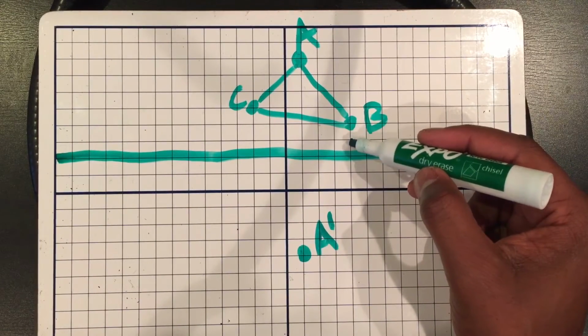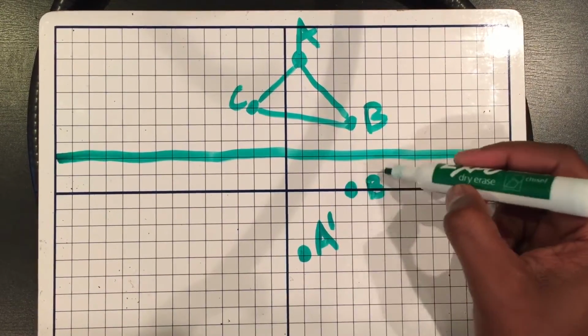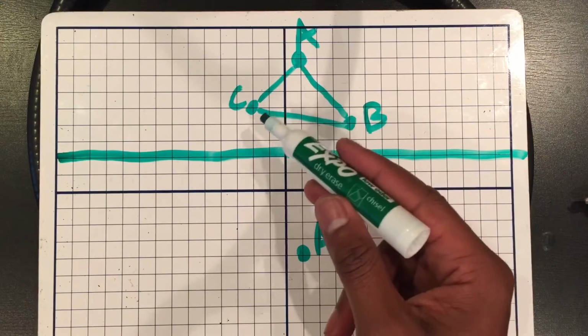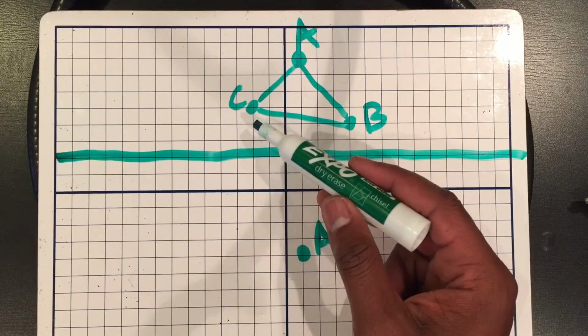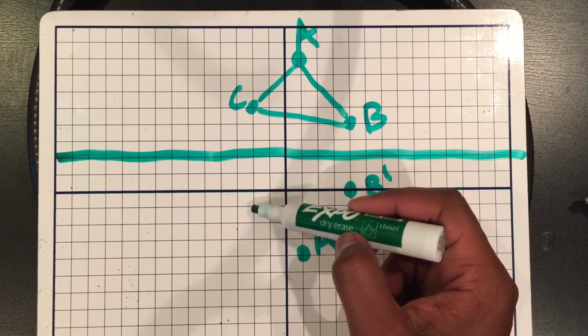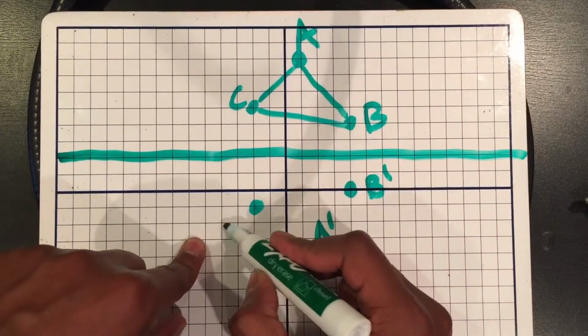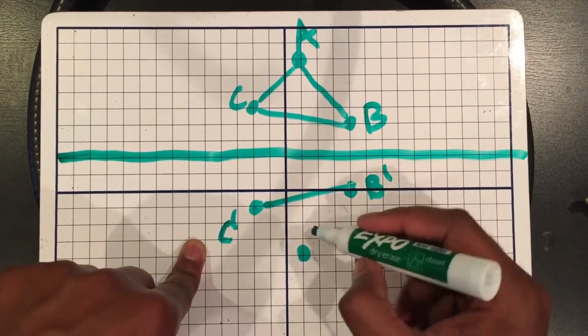So we want to move 2 down. So we go 1, 2. And this is where the new B prime is. And for C, C is 1, 2, 3 above. So we want to go 3 below. 1, 2, 3. That gives us our new C prime. So if we connect those, again, let me take this A prime out.